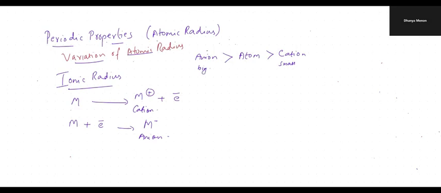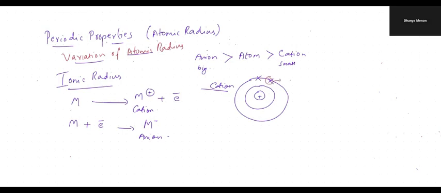Suppose we talk about cation. I have a positive nucleus, and suppose initially there were 2 electrons. Suppose just 1 electron is removed.